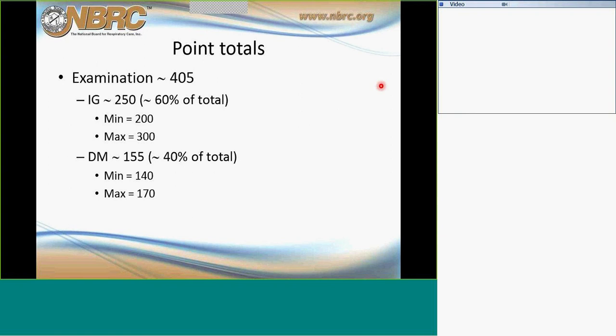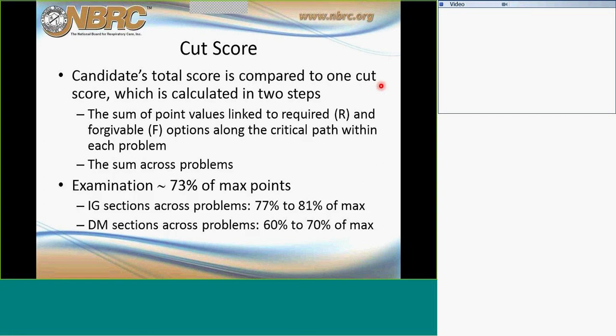But again, what you see here is that about 60% of the points on an examination will come from information gathering sections, about 40% of the points will come from decision-making sections, and then you can see the allowable range, the minimum and maximum number of points within an examination of both the information gathering type and decision-making type.